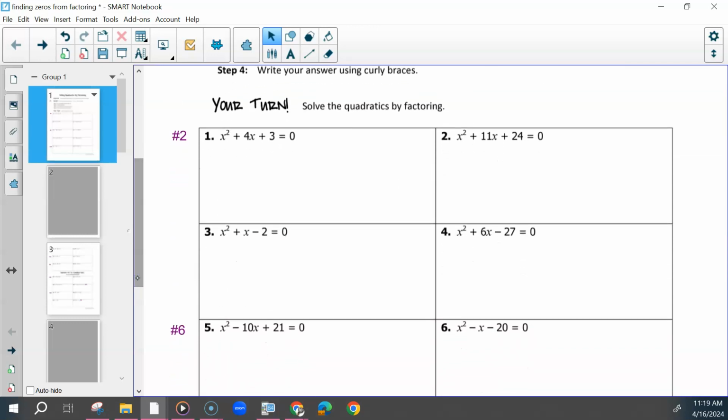So, starting with this first one, how could I factor this? What factoring method could we use? Trinomial factoring, which type? That would be for your a doesn't equal 1, but here we have a equals 1.